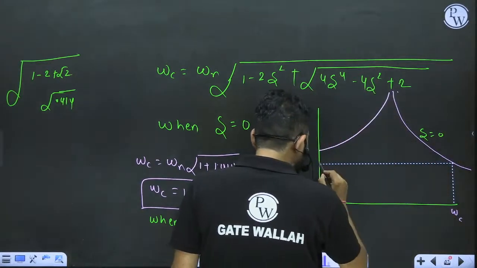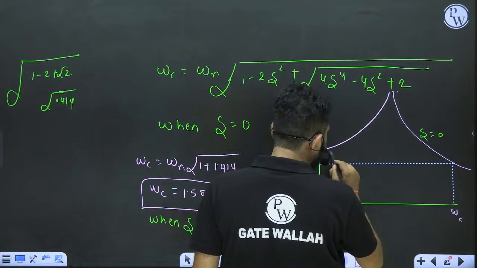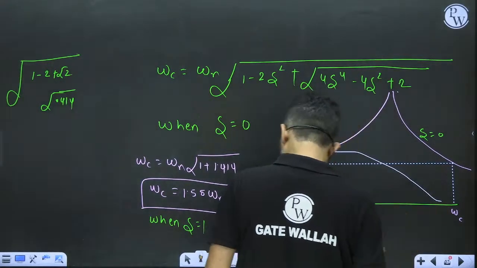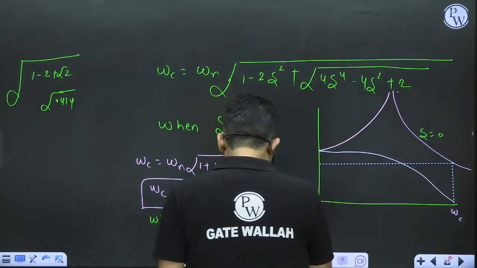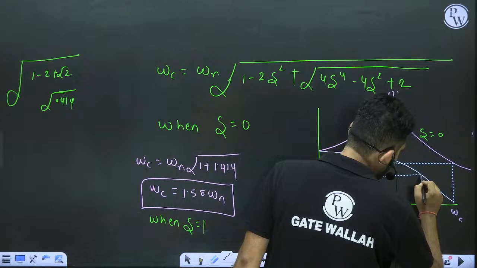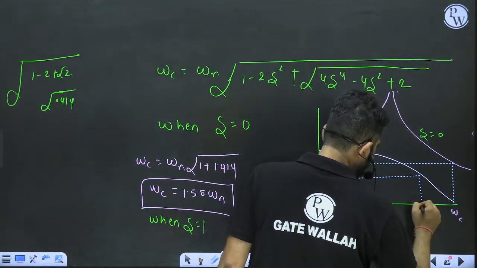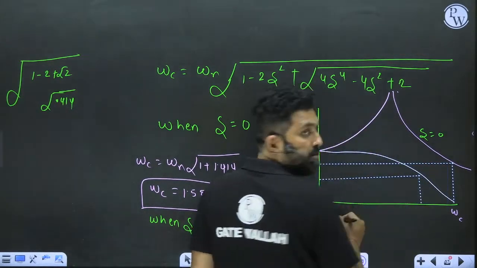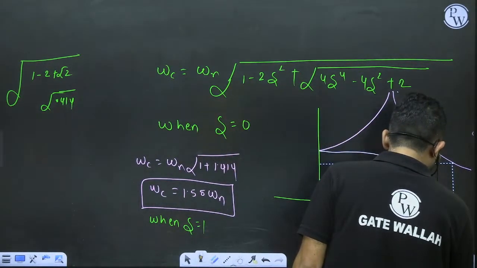And when you put zeta is equal to 1, the curve starts from here. And this time the bandwidth is this. Which is 0.644. How much? 0.643. This is the bandwidth.